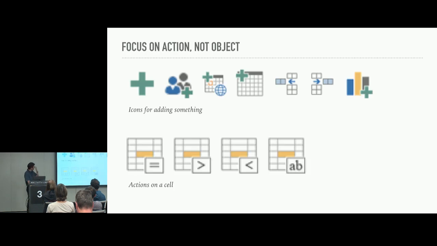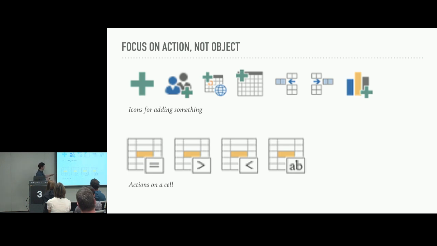So here's some other examples from Microsoft. On the top, you can see there's a myriad of icons that Microsoft used for adding something in the software. So again, they use this kind of hieroglyph approach of having an object that says what am I adding, and then the action, the plus symbol. At the bottom, this is from Excel. Again, you have two icons.